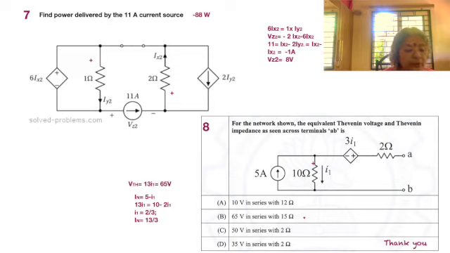Putting them together, 13 I1 is equal to 10 minus 2 I1, or in other words 15 I1 is equal to 10, or I1 is equal to 2 by 3. So Norton's current is 5 minus I1, which is equal to 13 by 3. Now we have 13 by 3 as IN and 65 as VTH. Take the ratio, and the answer is 15 ohms, which is correct.